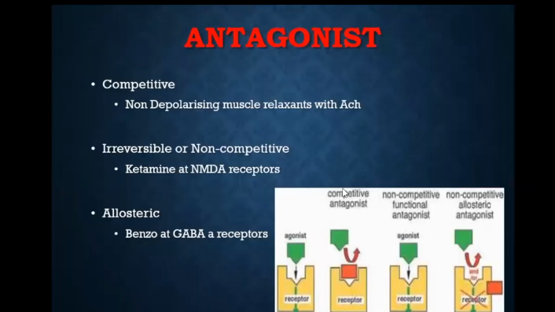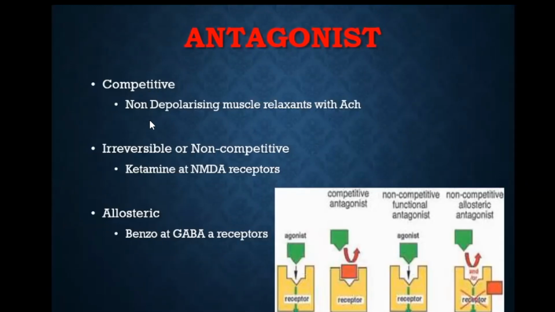Let's go again. We talk about antagonists. We have competitive antagonism, irreversible or non-competitive antagonism, and allosteric antagonism. What is competitive? As the name suggests, they compete with the agonist for the binding site. This is your receptor binding site. The agonist usually binds here. A competitive antagonist will compete for the same binding site, preventing the agonist from binding.